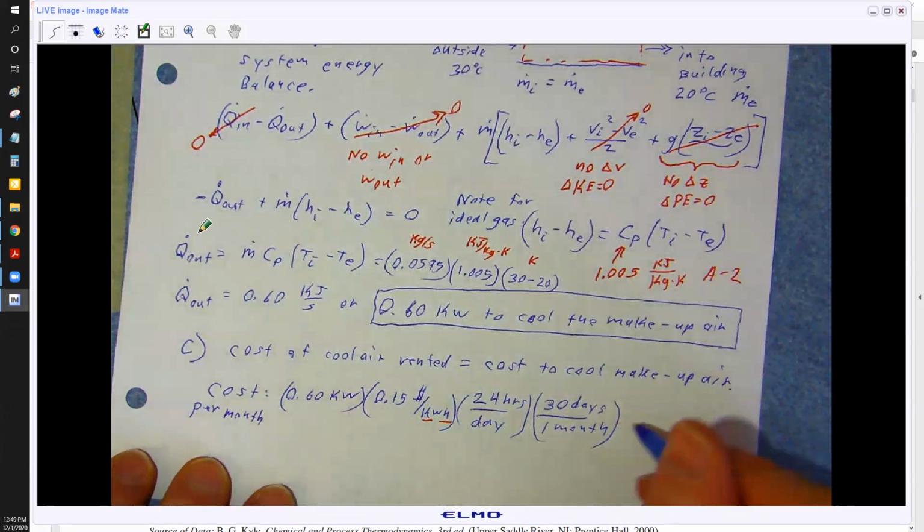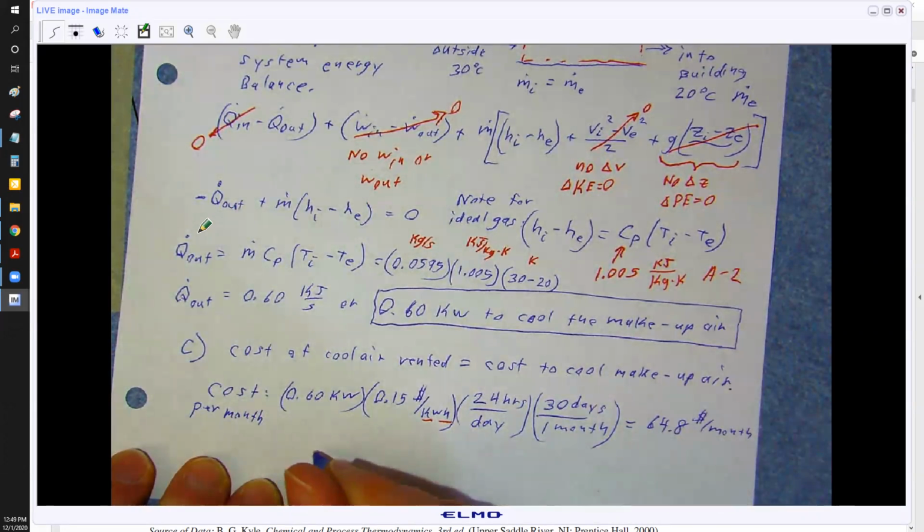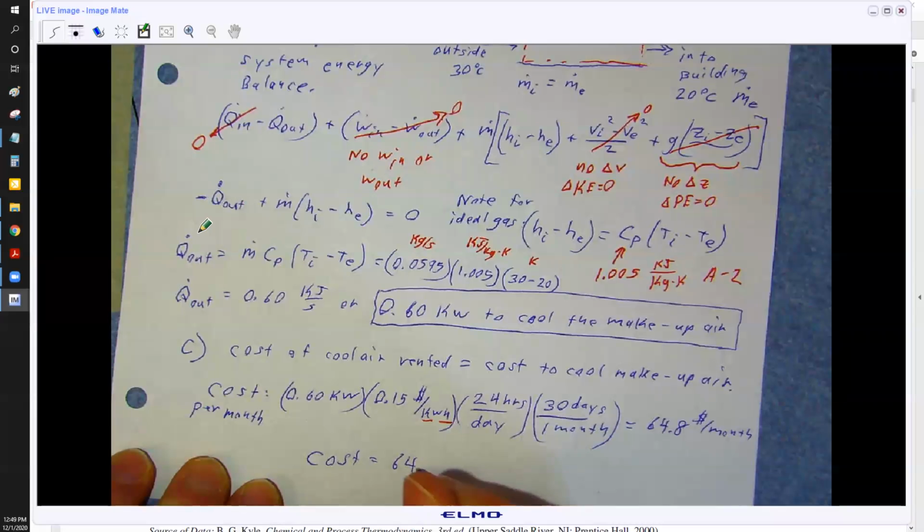So if we do this math, we wind up with $64.8 per month. So the cost is $64.8 per month.